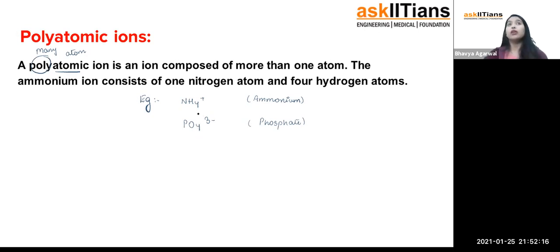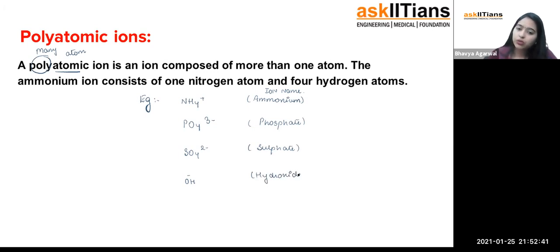Okay. Another example could be sulfate ion. This sulfate ion is having 1 sulfur atom and 4 oxygen atoms with a total charge of -2. Another example could be hydroxide ion, which is having oxygen and hydrogen with a charge of -1.